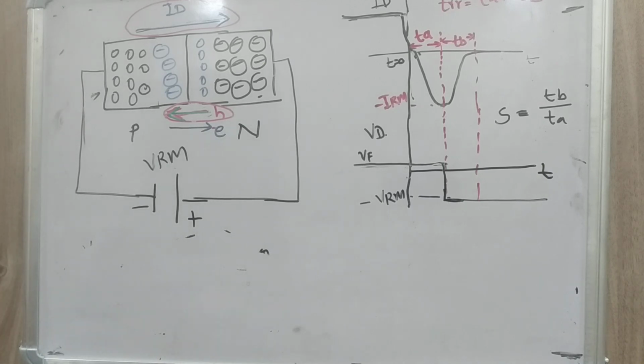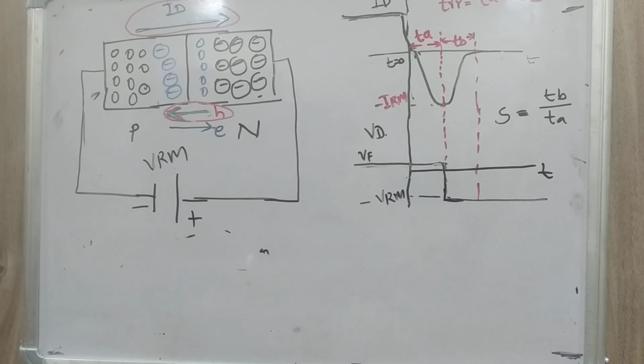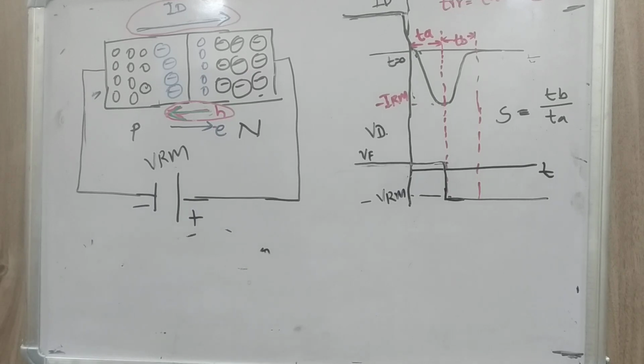That also defines hard switching diodes and soft switching diodes. Hard switching diodes have higher TB, and soft switching diodes have less TB.